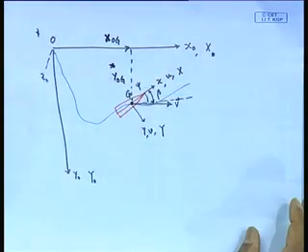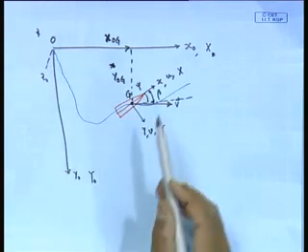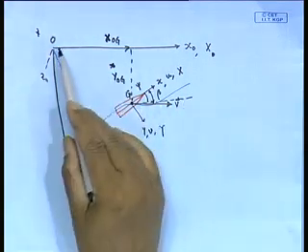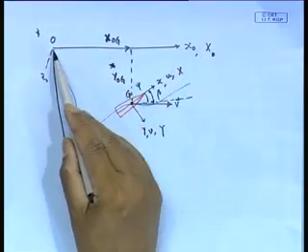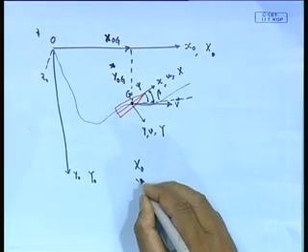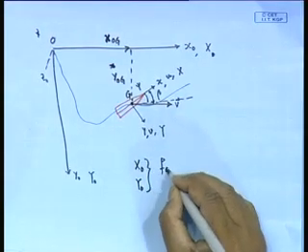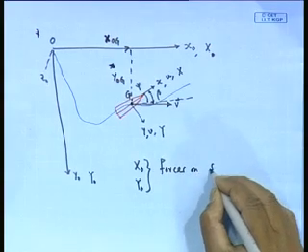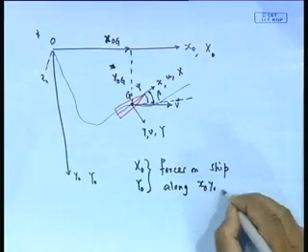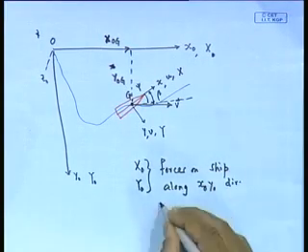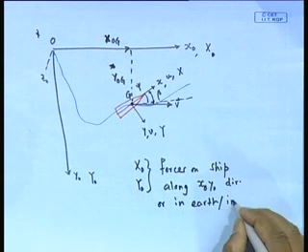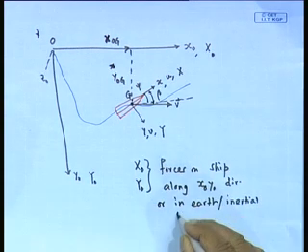Let me also define certain quantities. The forces on the hull along the inertial directions, let me call them X0 and Y0. That means X0, Y0 are forces on the ship along the x0, y0 direction, or in the earth inertial system.